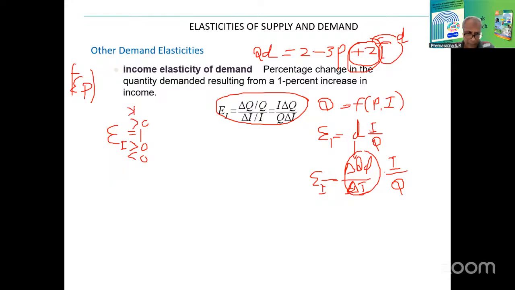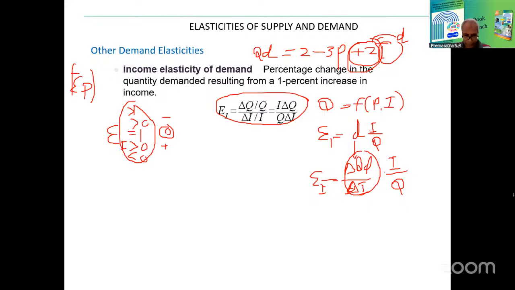Greater than 1 can also happen. Whatever the combination, in a simple way, it can be negative, it can be 0, but 0 hardly happens. It can be a positive number.